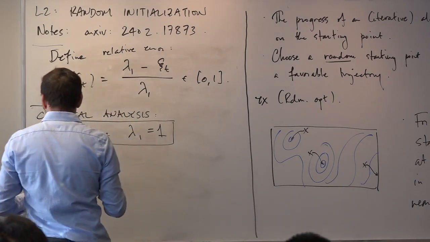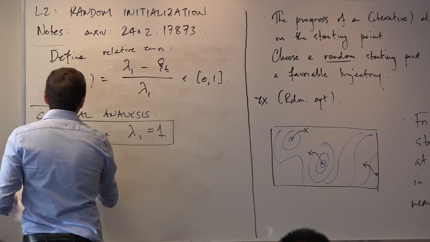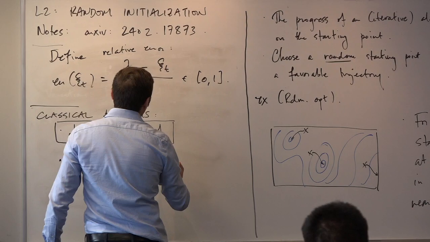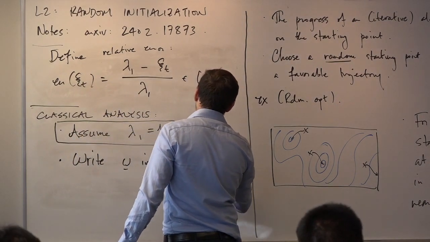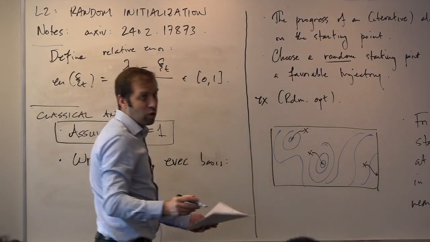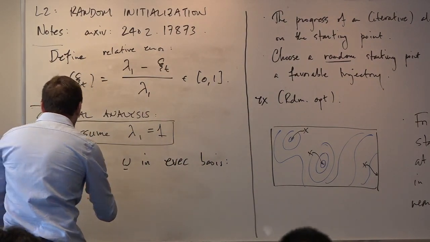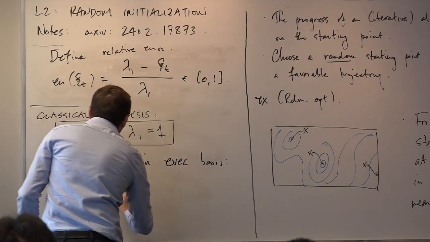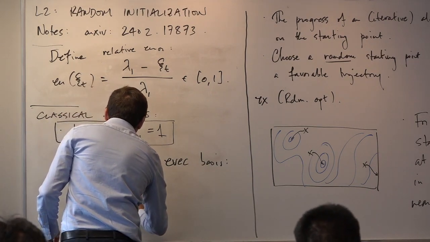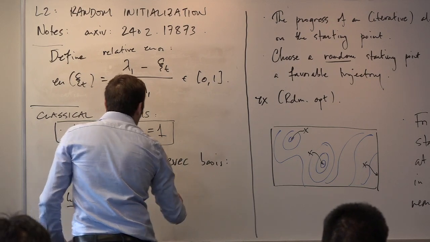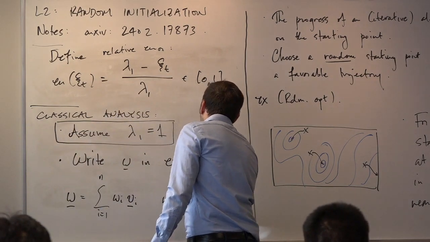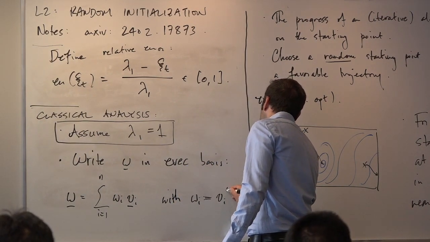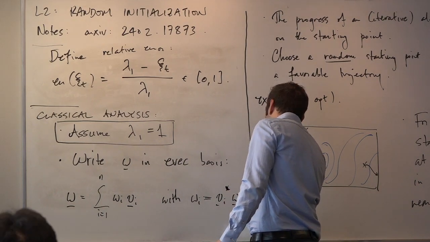Now, we're going to write the starting vector in the eigenvector basis, which is a natural thing to do in a linear algebra problem. So what do we mean here? We're going to write omega as the sum from i equals 1 to n of omega_i v_i, with omega_i defined to be the inner product between v_i and omega.